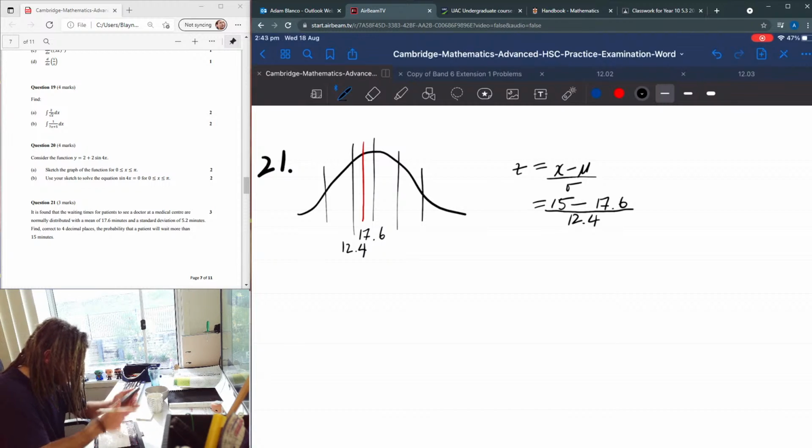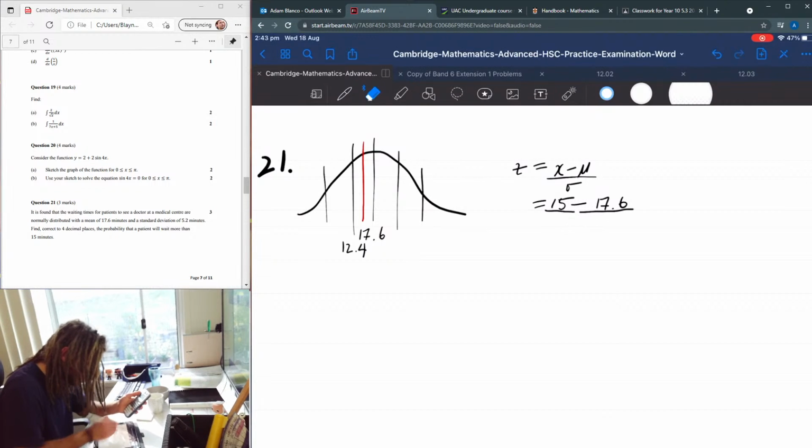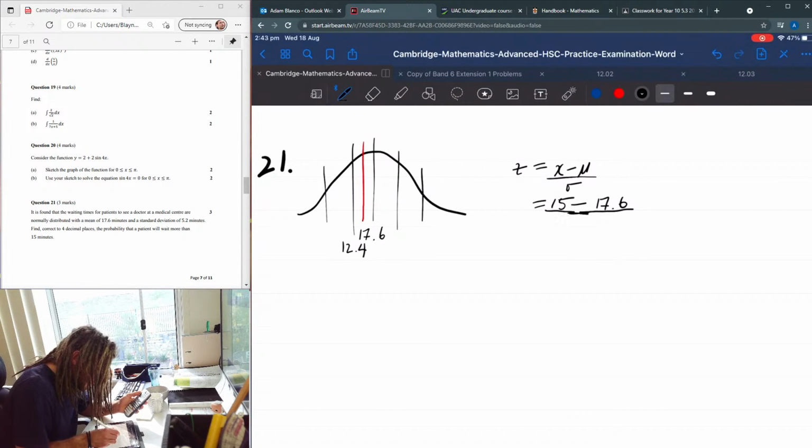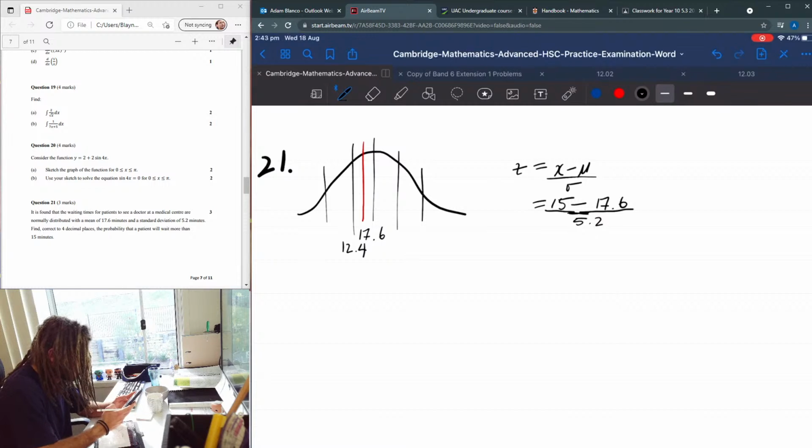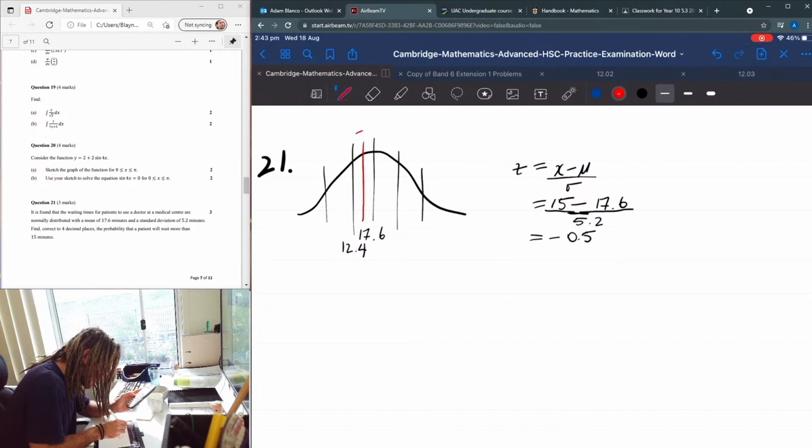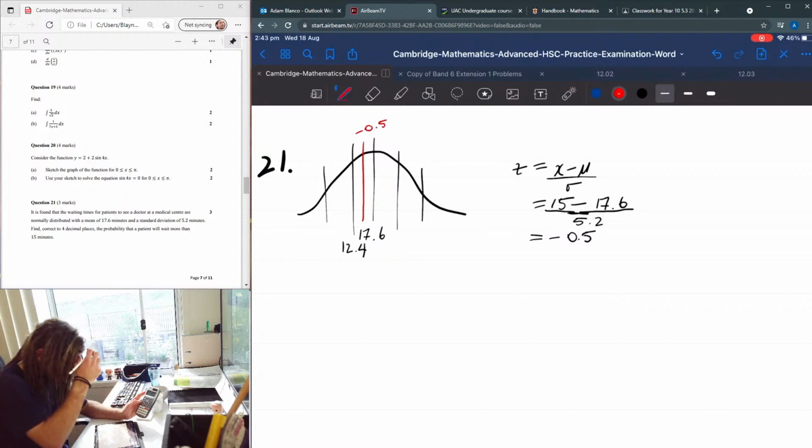Why did I write 12.4? The standard deviation is 5.2. Uh-oh. It's better. Okay, that's a negative half. So negative 0.5. Okay, so that's exactly 0.5 z score. So yeah, right.